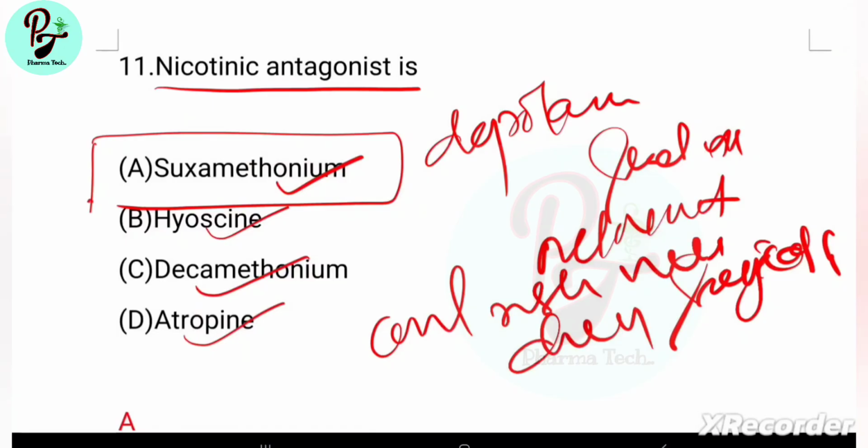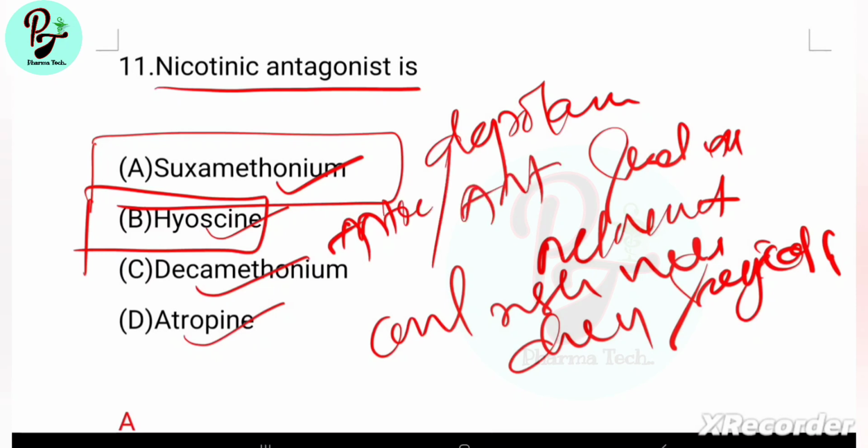And hyoscine is an anticholinergic or antispasmodic agent used for the treatment of smooth muscle spasm.